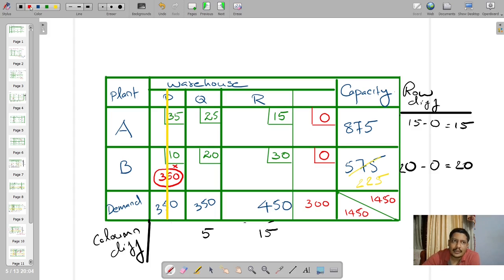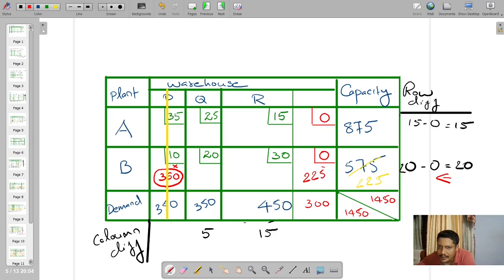If we see, the largest difference is 20. In that, the lowest cost is 0, where the demand is 300 and the capacity is 225. So we can allocate that 225 over here.